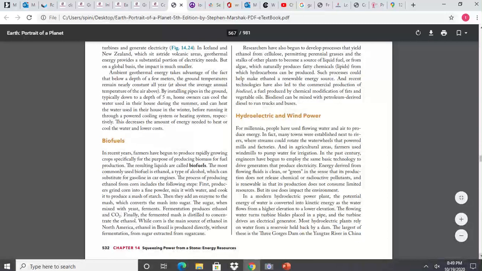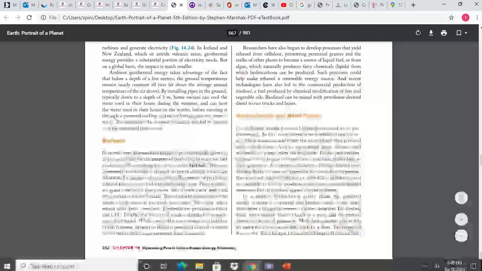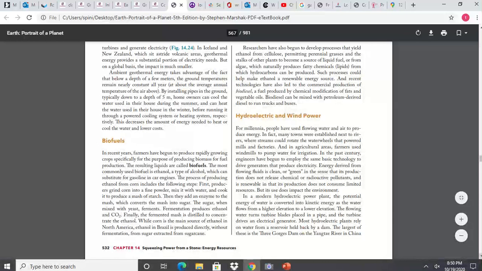So a lot of times when you fill up a car with gasoline, you're getting about 90% gasoline, but you're also getting about 10%, sometimes as much as 20% corn. So these are biofuels, and there's lots of things that we could use for that. And the technology, again, is growing on that. And so that's definitely a renewable resource. You can grow more and more plants.